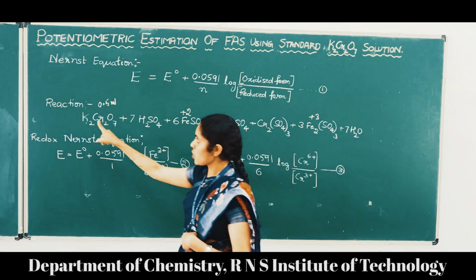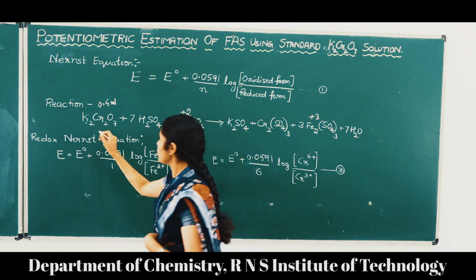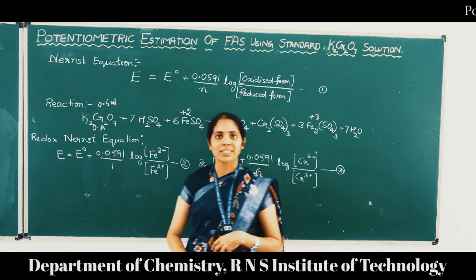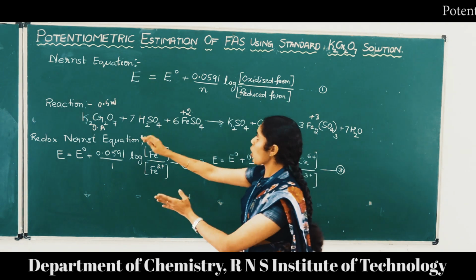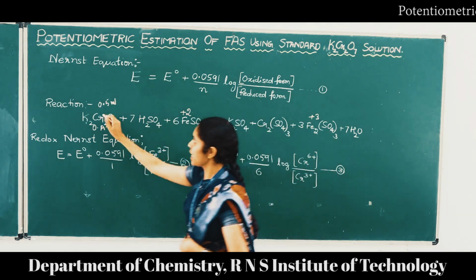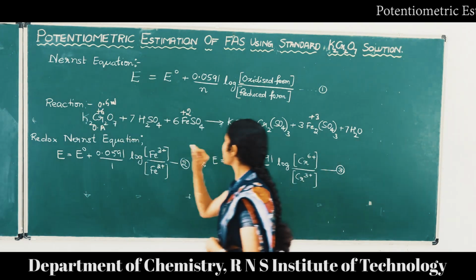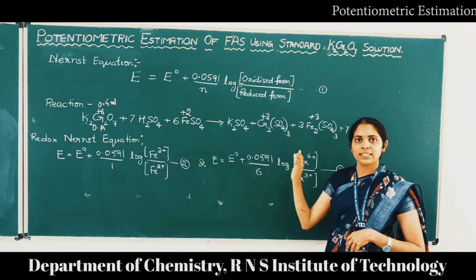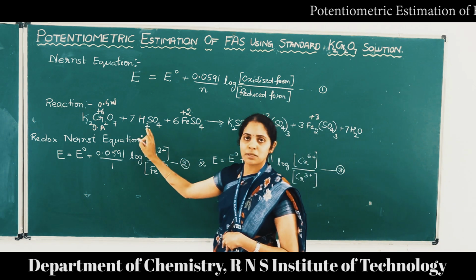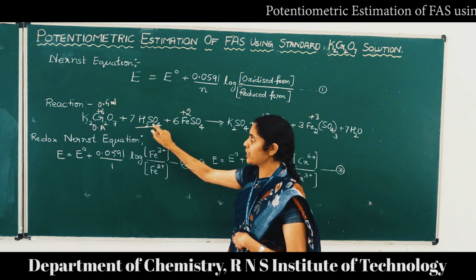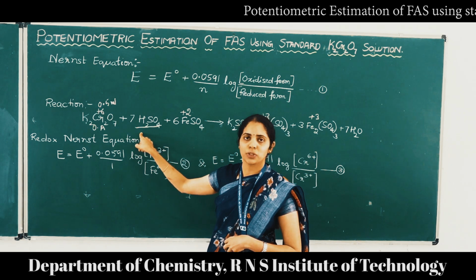That is because of the K2Cr2O7, which is an oxidizing agent. The meaning of oxidizing agent is that it oxidizes the other molecule and itself, which is in +6 oxidation state, will get reduced to +3 oxidation state. This happens only when the beaker has acidic medium. That is why we are adding one test tube of H2SO4 to the beaker.